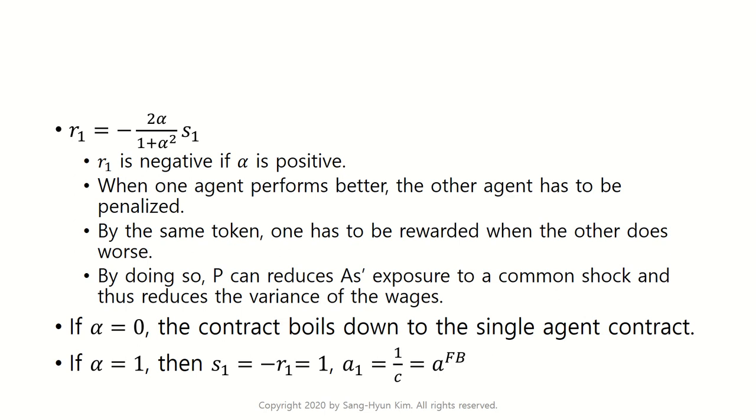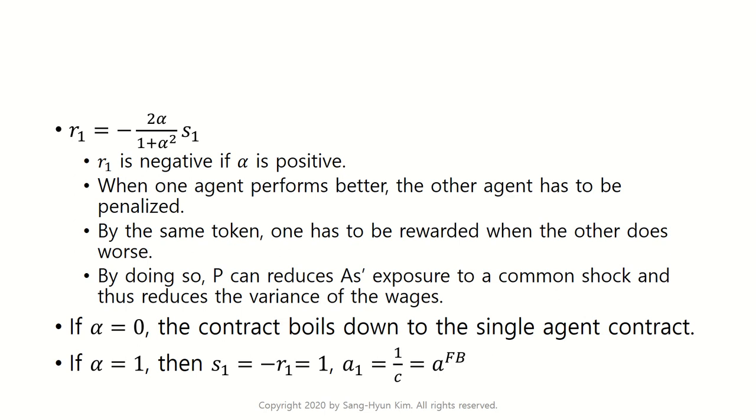So let's consider these two extreme cases. First, if alpha is 0, then the optimal contract boils down to the single agent contract, the individual contract. That's one thing that we can observe by just looking at the solution in the previous slide.